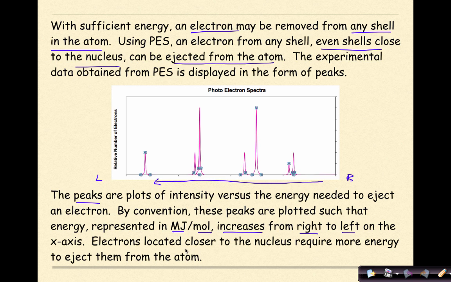Electrons located closer to the nucleus require more energy to eject them from the atom. So many times I'll look at this and say, okay, think of my nucleus as over here. This peak would represent electrons that are closest to the nucleus, and these peaks right here would represent electrons that are farthest from the nucleus.